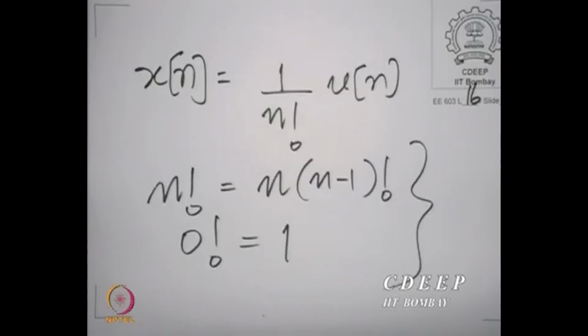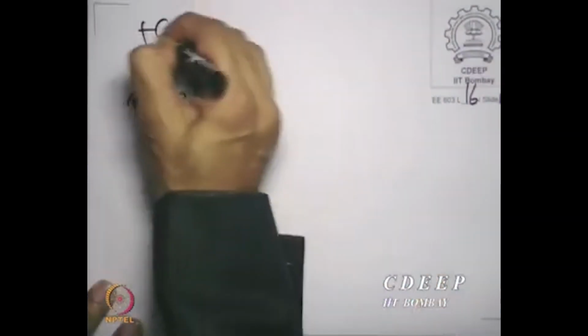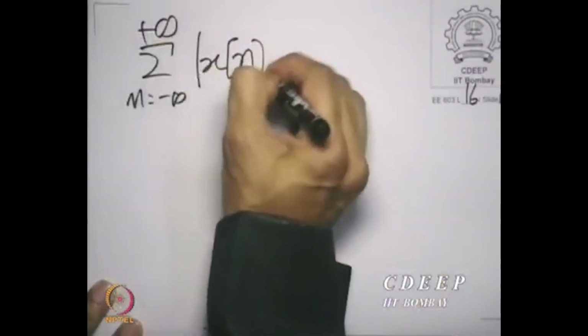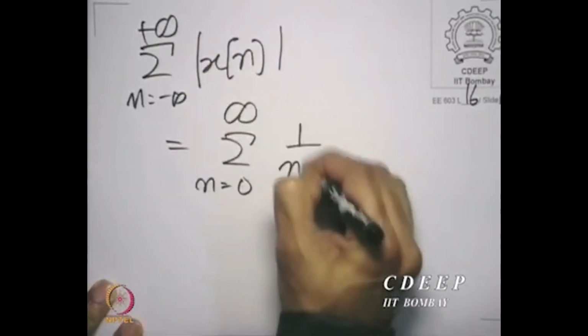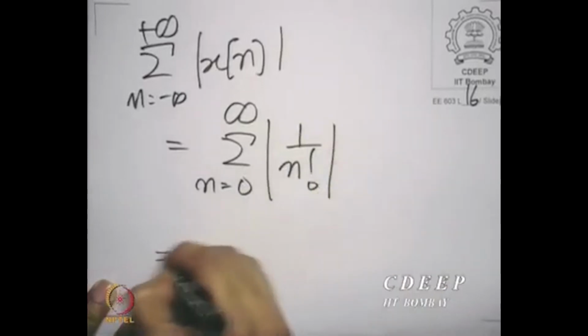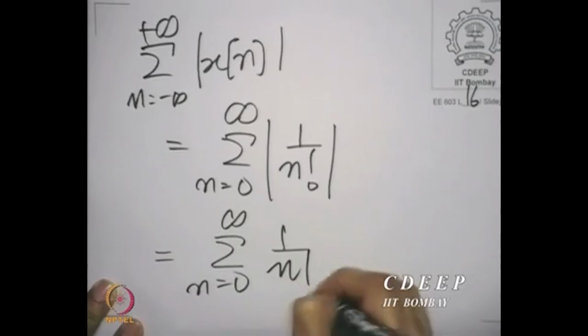Would it be stable? How would we answer the question? We would need to look at the absolute sum of the impulse response, and in fact, the absolute sum of x[n] is very easy to calculate. It is essentially summation n going from 0 to infinity mod 1 by n factorial, which is essentially 1 by n factorial, because n factorial is positive.